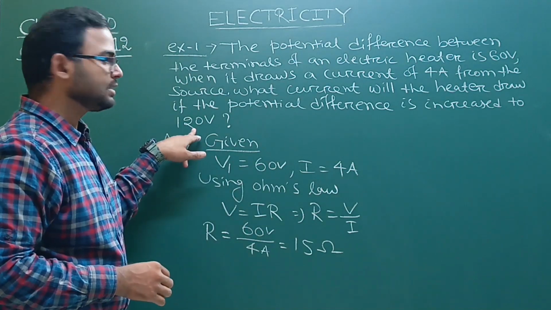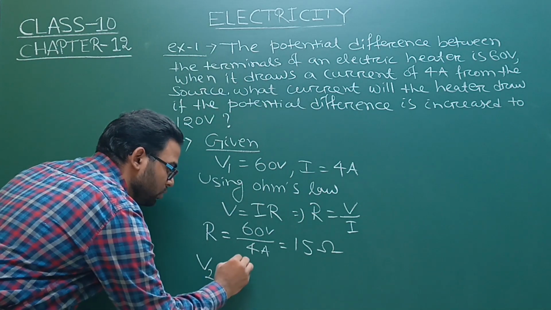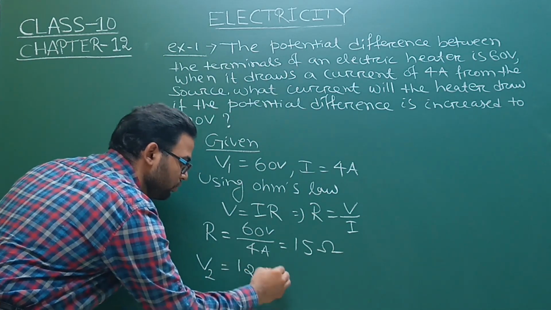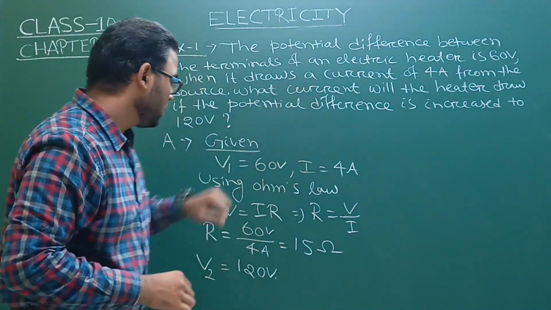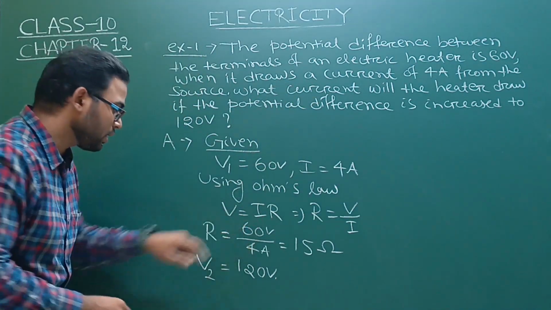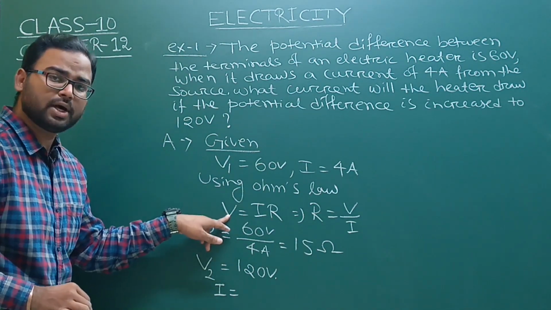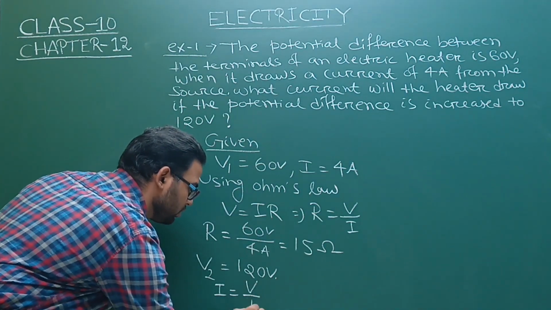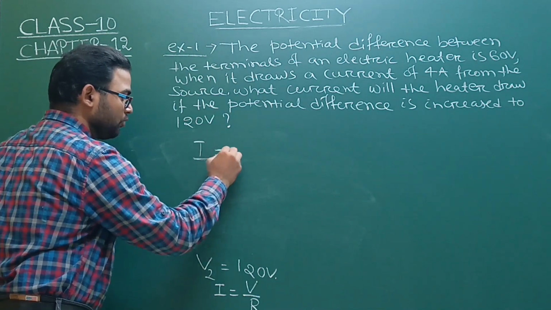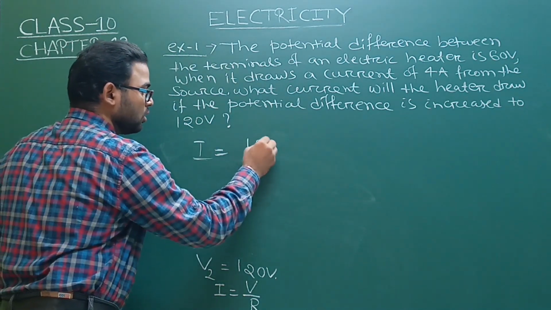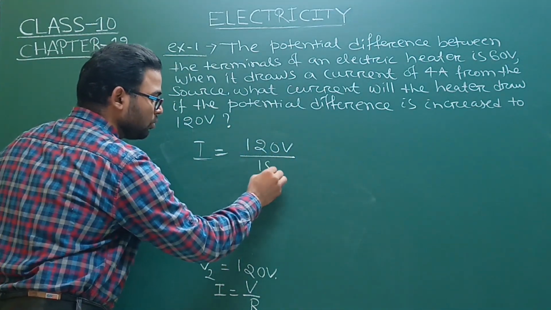So we have calculated the resistance of the circuit. Our new voltage is 120 volt, so V2 is equal to 120 volt. What do we have to calculate? Current. From this relation, what will be the current? Current I is equal to V by R. So current I will be, what is the potential difference? 120 volt divided by, what is the resistance? 15 ohm, we have calculated this.